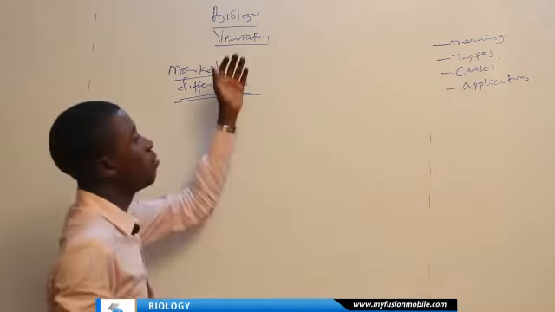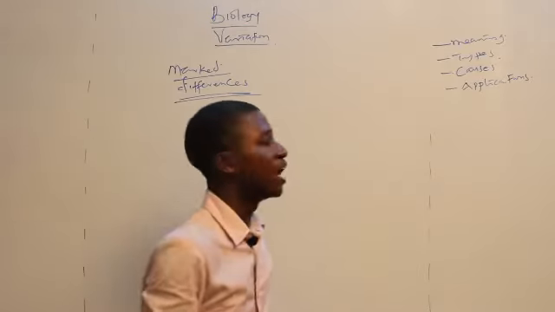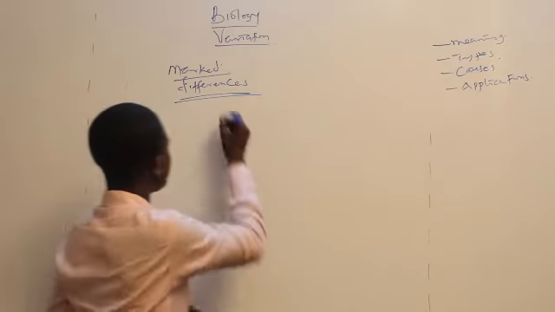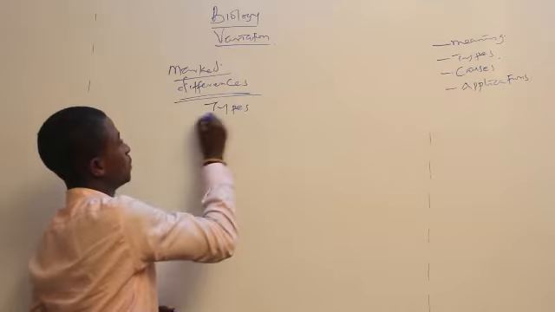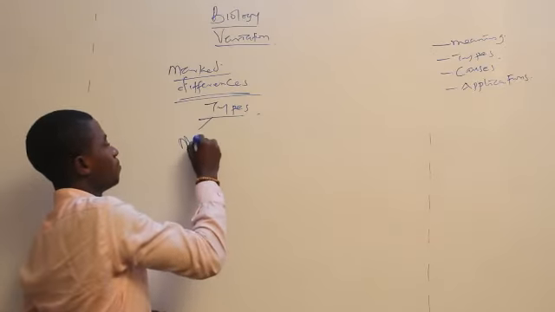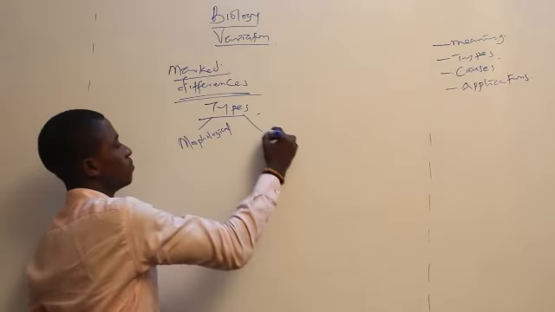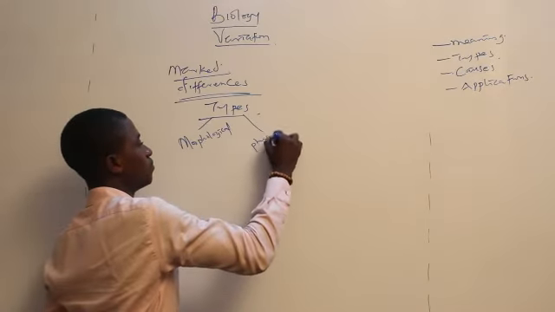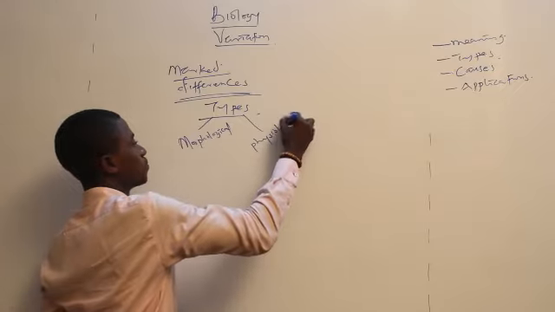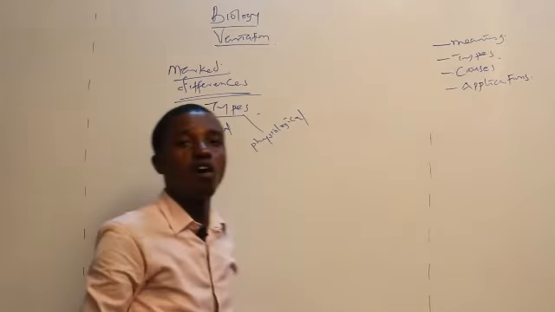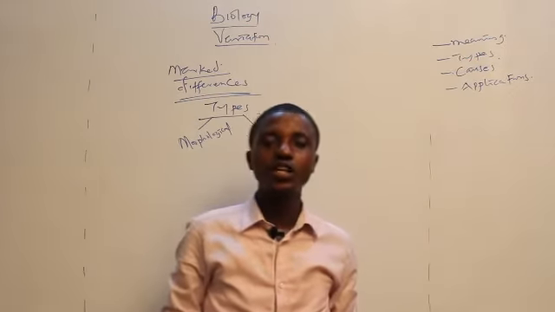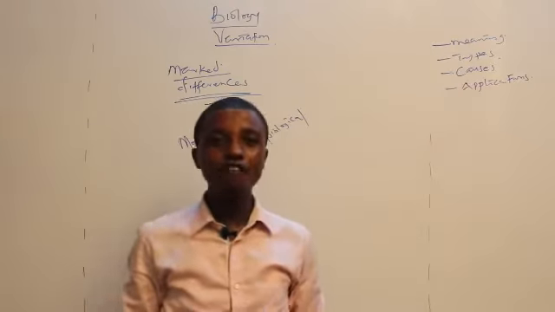Okay, so now moving on. What are the types of variation? There are basically two types of variation. They are morphological variation and physiological variation.